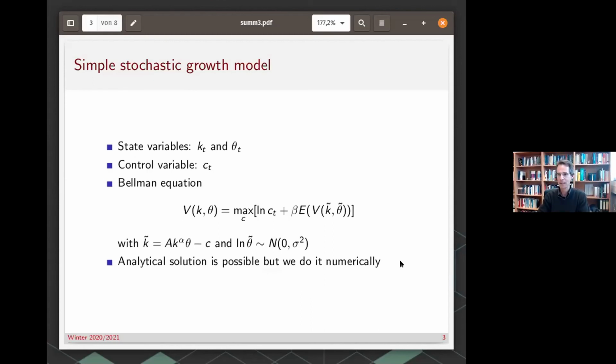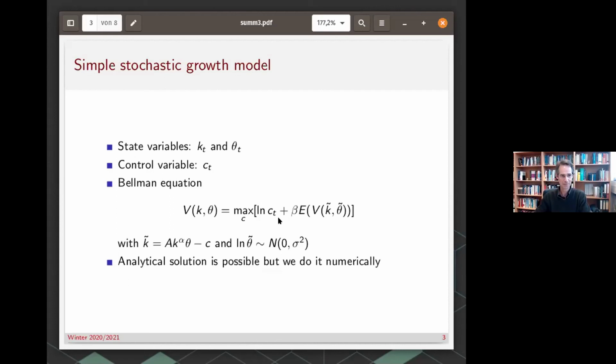But that's not the objective of this course. So we show how to do it numerically, but we are not going to show you how to do it efficiently numerically. Okay, so this is just a warning. The code we are working on is not efficient code, and that would take too much time, and it's really down to the very nitty-gritty parts of the code, and this is not what we are going to do. This is just a warning.